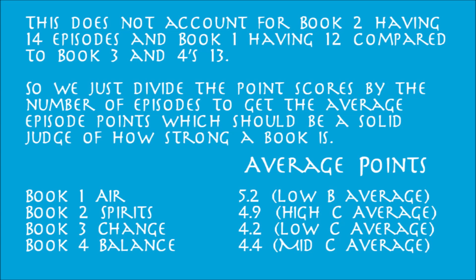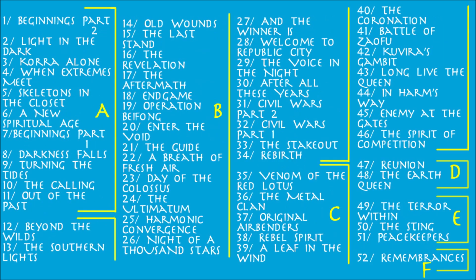With Book 4, you can see the stuff that brings it down: Kuvira isn't quite developed enough, her relationship with Suyin isn't quite developed enough, and the arc is so focused on Korra's recovery and her being away and needing to return that you don't give enough time for character stuff once she returns, because when she returns she's right back into the action. That's on the character front what keeps Book 4 down the way it does.